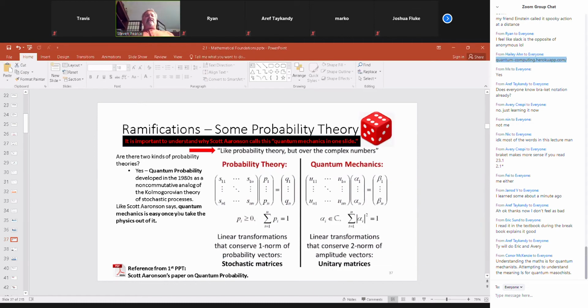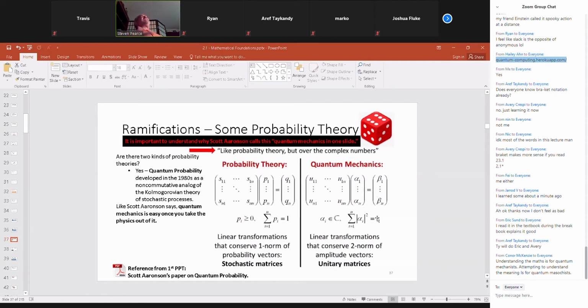So like Scott Aaronson says, quantum mechanics is easy once you take the physics out of it. It's just this. That's a stochastic matrix operating on a probability vector, producing a new probability vector, where in this case, you're dealing with this normalization condition. It's called an L1 norm, and that's a stochastic matrix, whereas in quantum mechanics, it's slightly different because of Born's rule, we have an L2 norm.